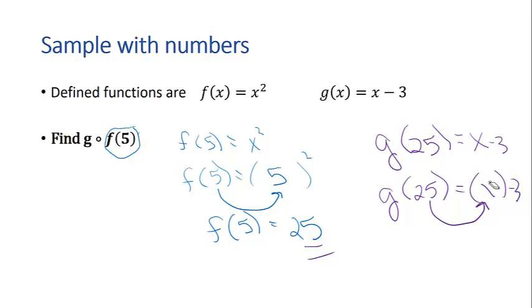So we're going to take out the x, and we're going to replace it with 25. So g of 25 comes out to be 22. So our final answer for g of f of 5 is 22.